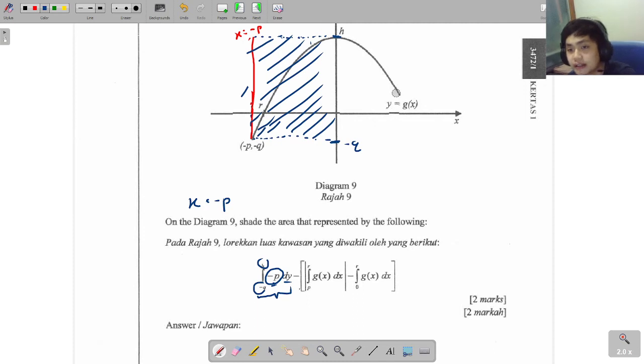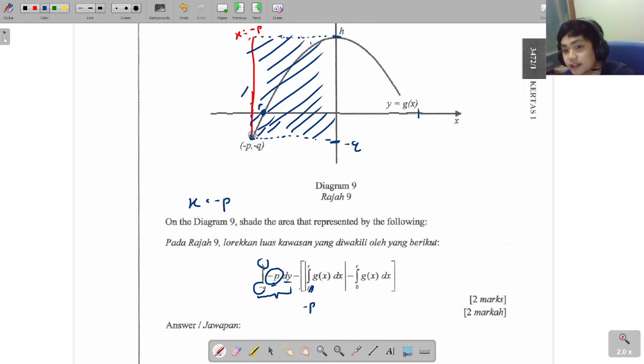So g(x) is here, R is here. Where's P? I think this is a typo because P is here. I think it makes more sense if they called it negative p instead. Yeah, so negative p, it makes more sense because this is from R to negative p.